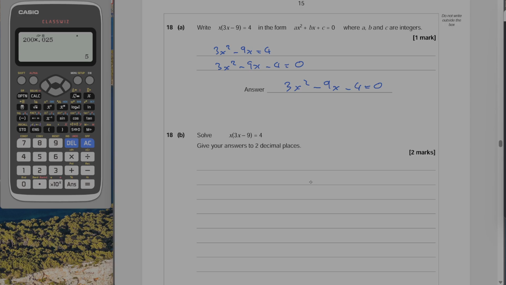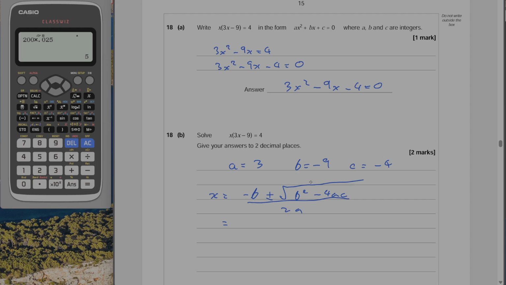So I will use the formula to do it normally. So A is equal to 3, B is equal to minus 9, C is equal to minus 4. And then x is going to be equal to minus b plus or minus square root of b squared minus 4ac, all divided by 2a.